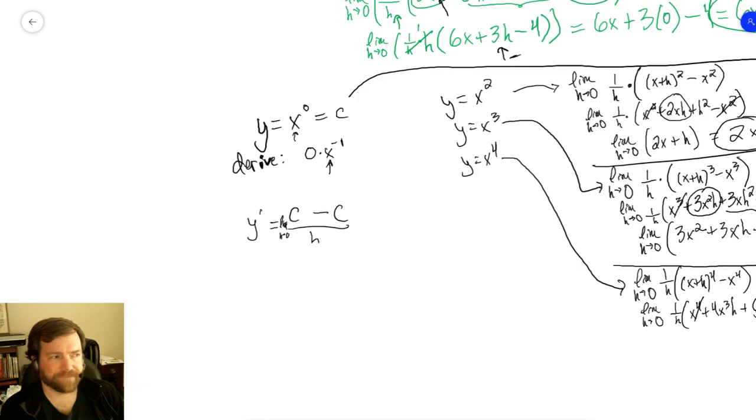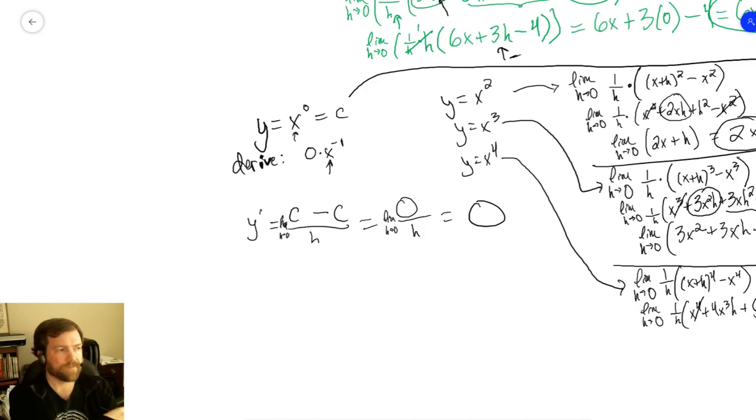Well, this is just going to be 0. And technically, it's the limit as h goes to 0 of 0 over h. So it's just going to be 0. It is 0 everywhere except at 0 itself. So the limit, as we're approaching stuff.